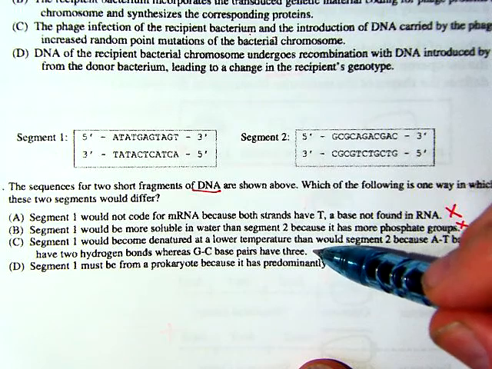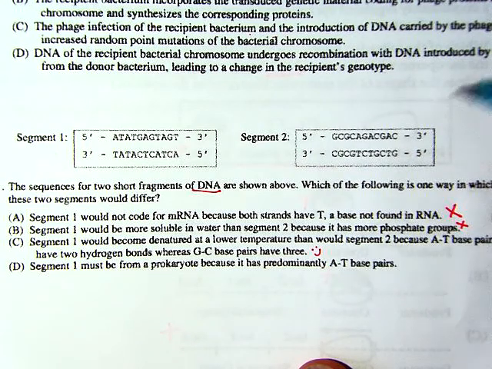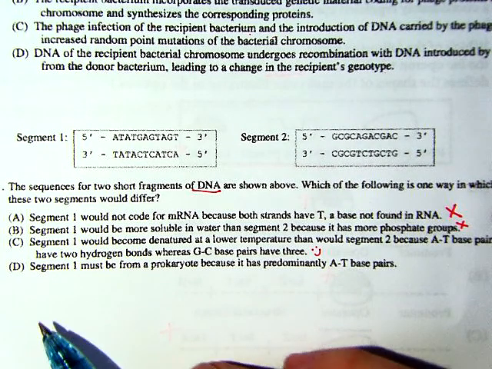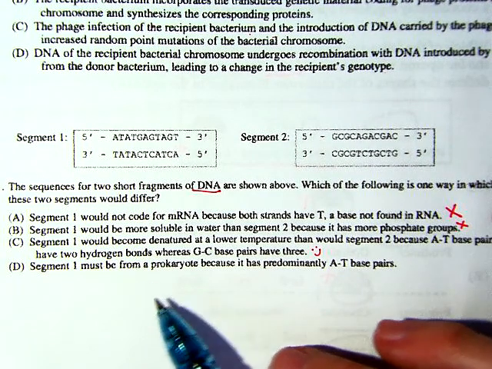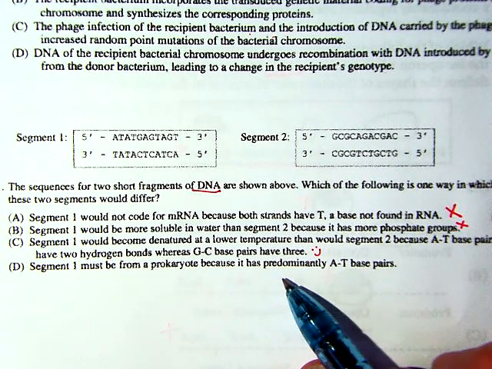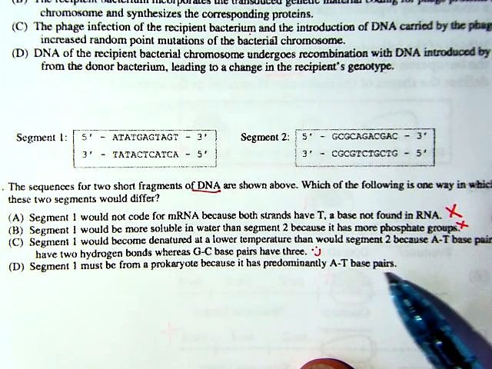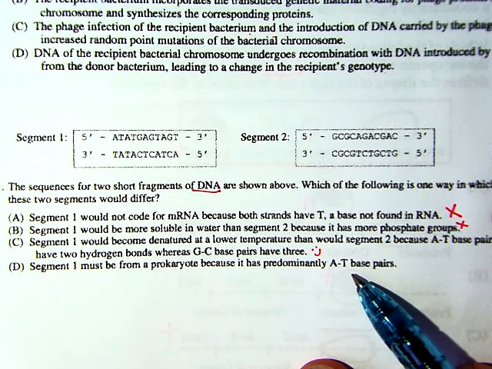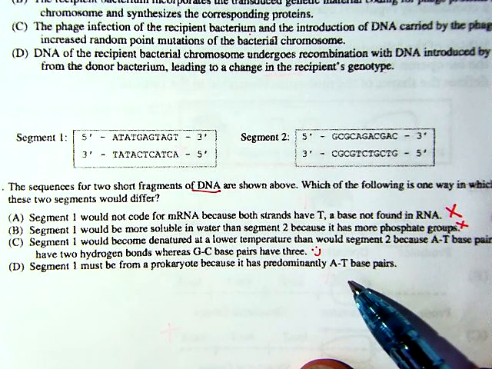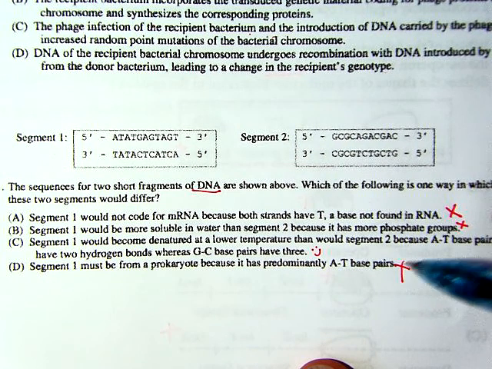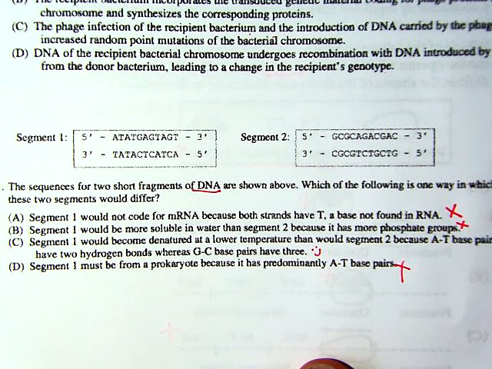So C looks like a good answer choice. Let's look at D to make sure. Segment 1 must be from a prokaryote because it has predominantly AT bases. The amount of A's and T's does not determine whether it's a bacteria or not. So that is incorrect. So C is the best answer choice. 2 bonds are easier to break than 3 bonds. So C is the correct answer.